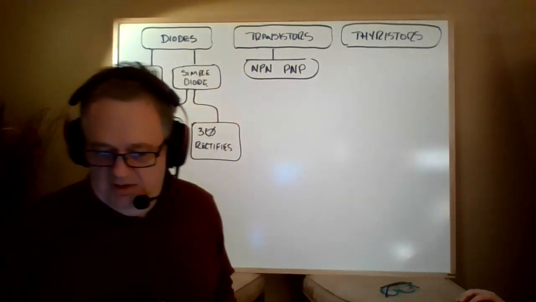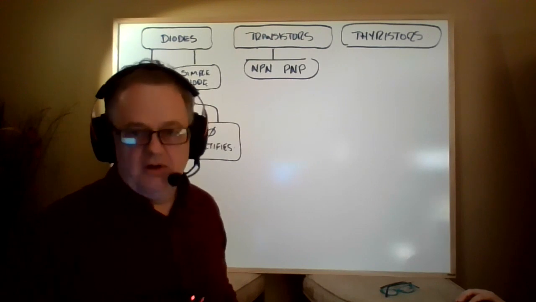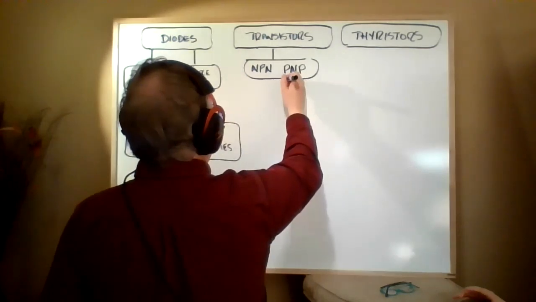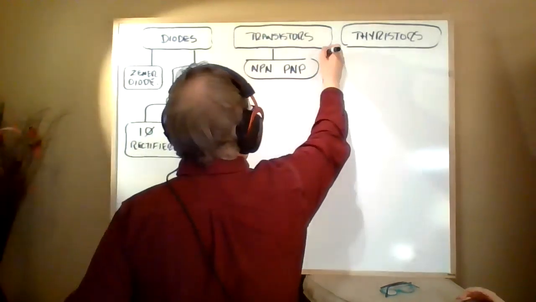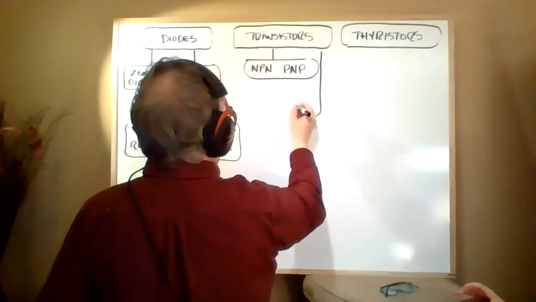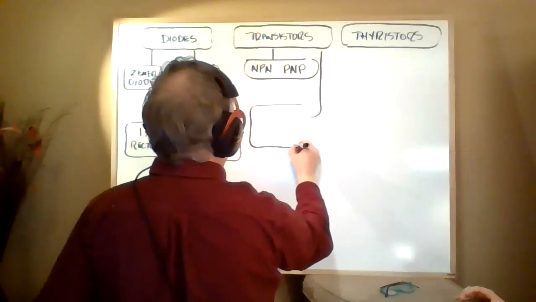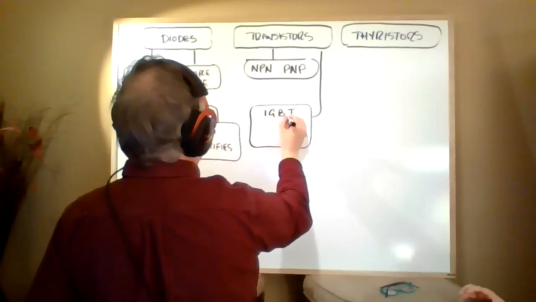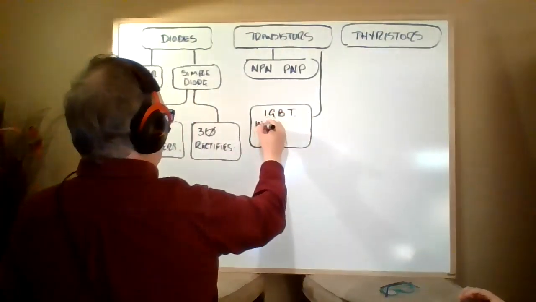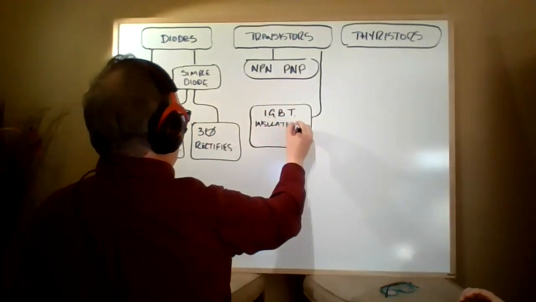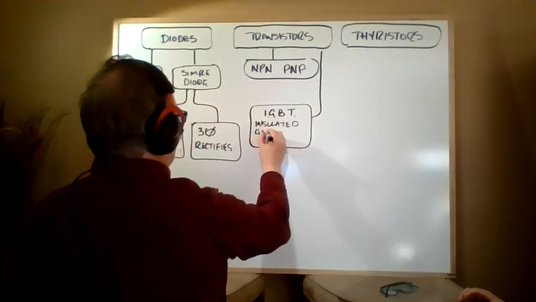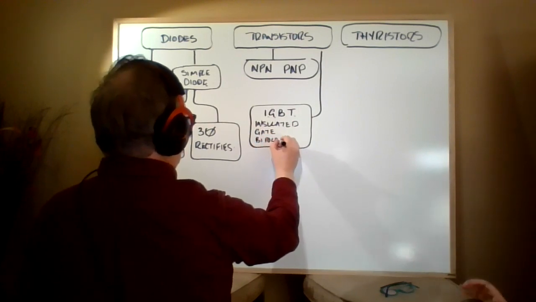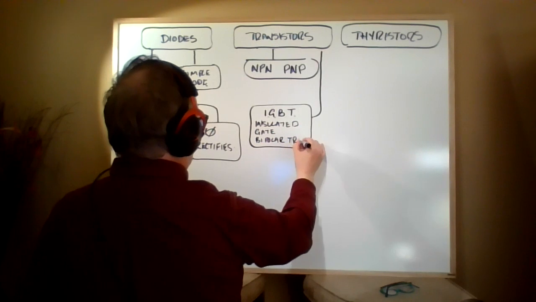Okay, now in addition to that, we are also going to add another very interesting type of transistor, which is referred to as an IGBT, and that's insulated gate bipolar transistor.